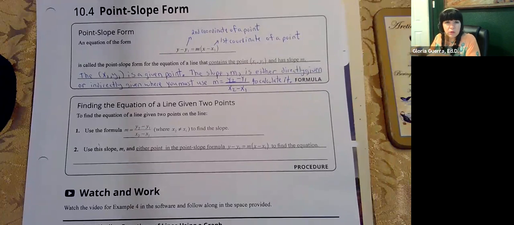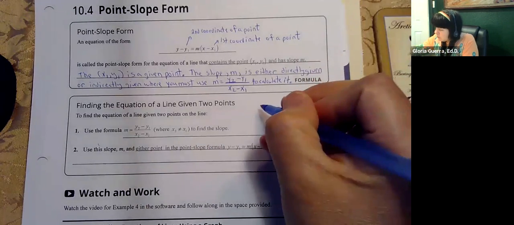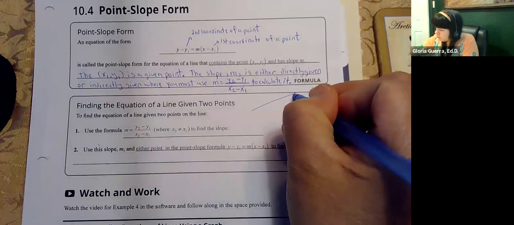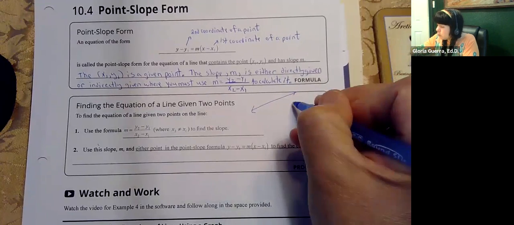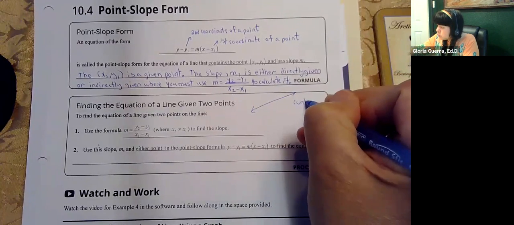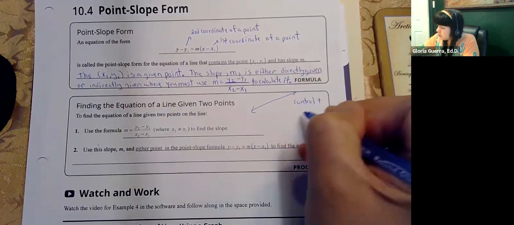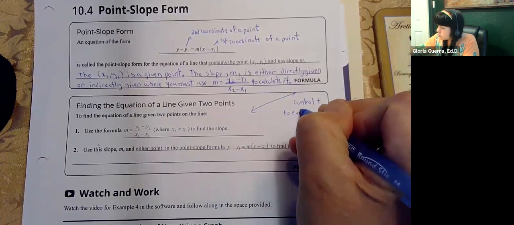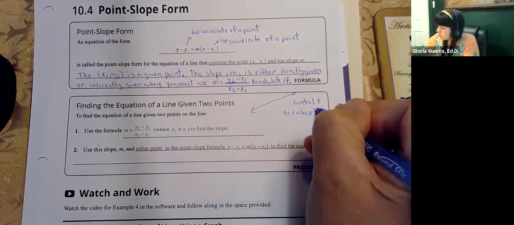And then there you'll have, so I guess there's like two main ideas in your lesson. There's some other problems where they're going to ask you to find the equation of a line given 2 points. So, maybe they'll give you a line. And remember, you can use the control and the plus sign to enlarge the picture.